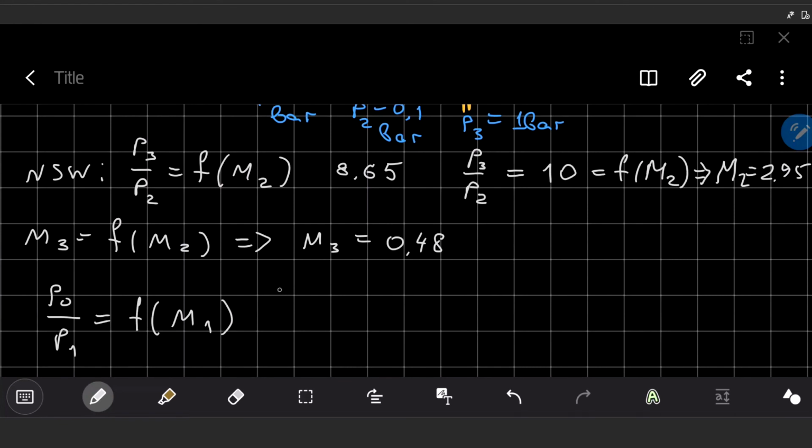In the same way we can write for pressure 2 that P0 divided by pressure 2 is some function of Mach number 2.